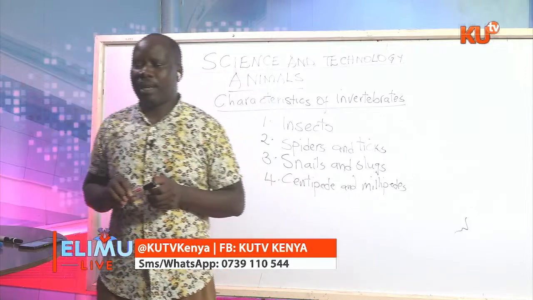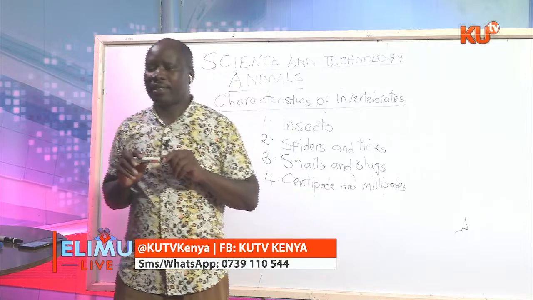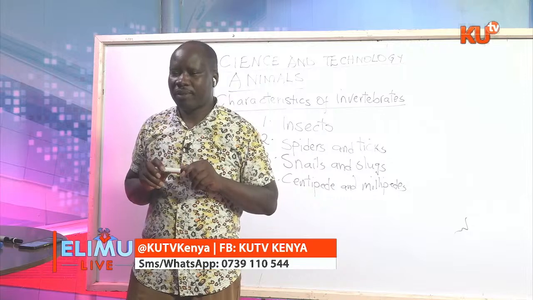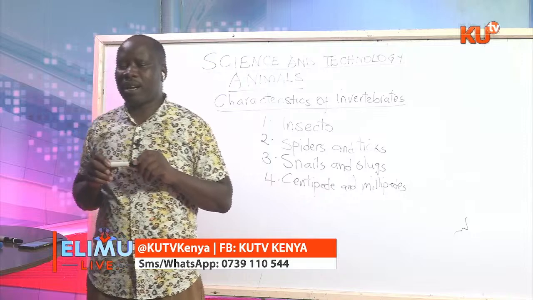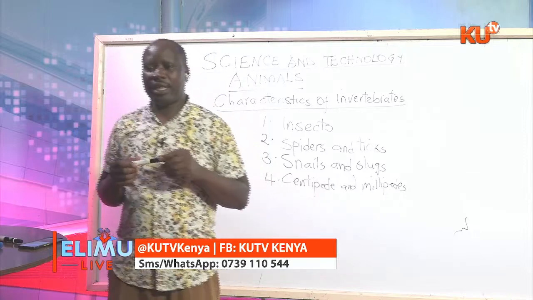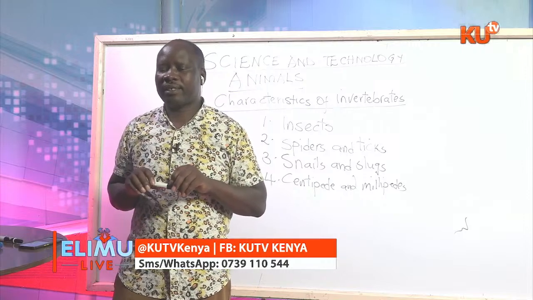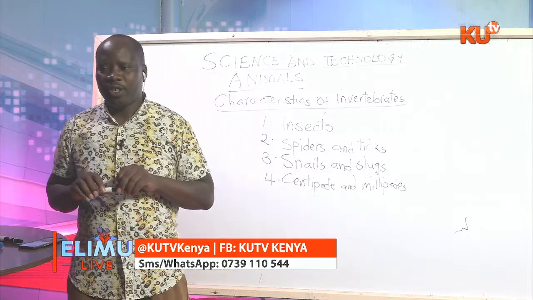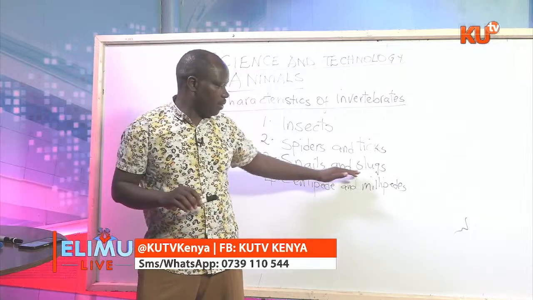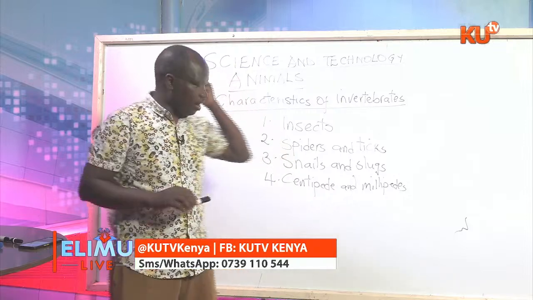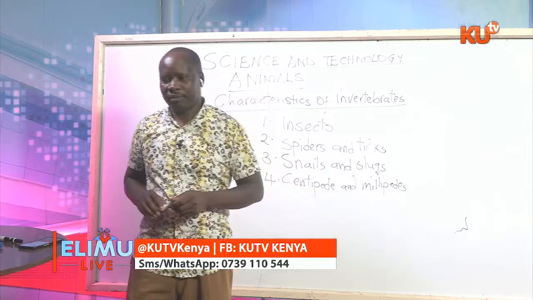They are the same except for the fact that a snail has a shell on its back. Wherever a snail goes, it carries a shell on its back, and the work of the shell is to help the snail protect itself in case it sees any danger. So if you see such an animal with a shell, it is called a snail, and the one without a shell is called a slug.